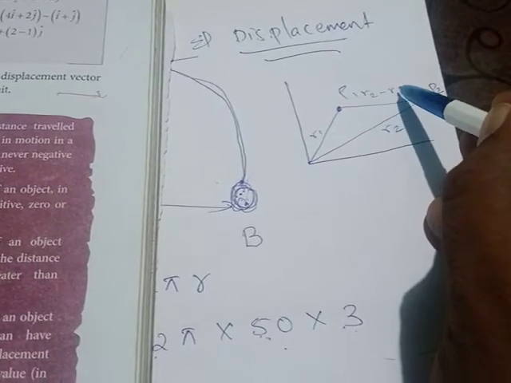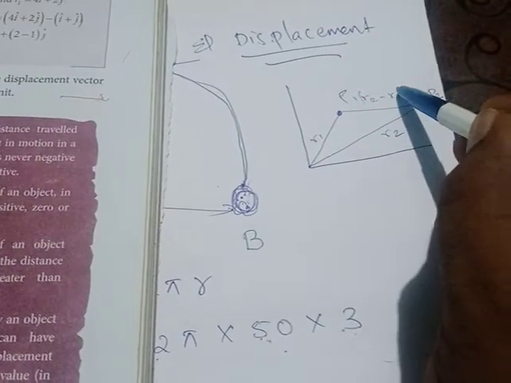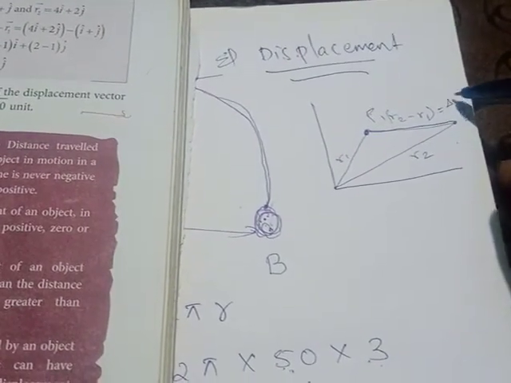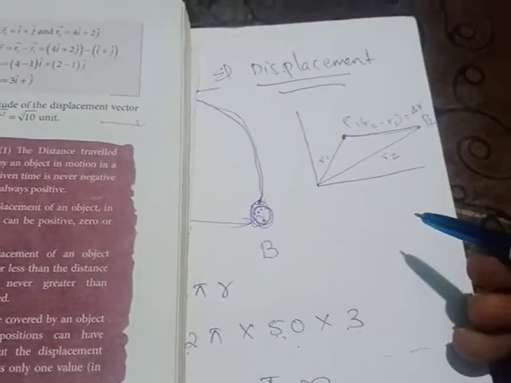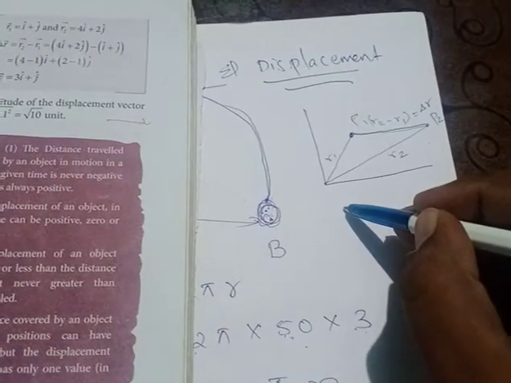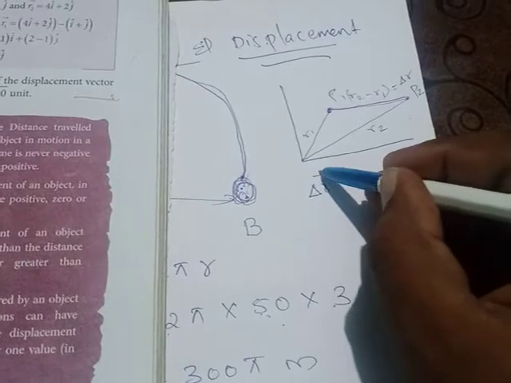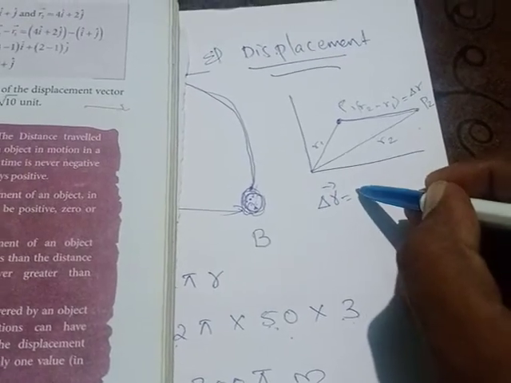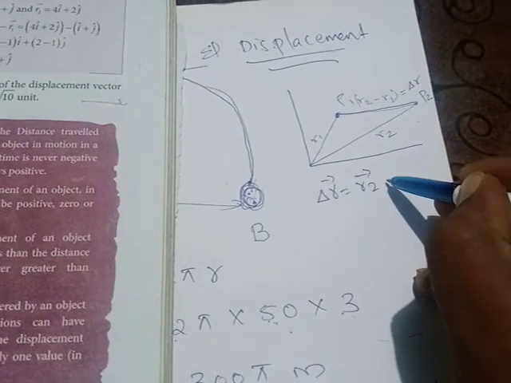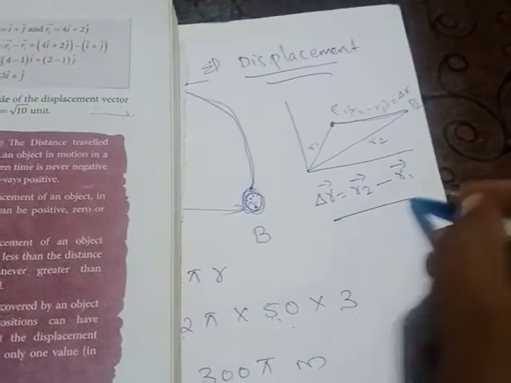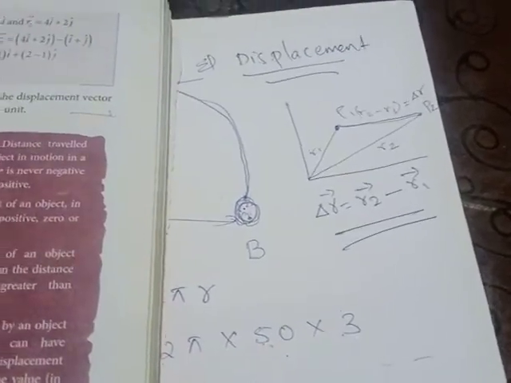R2 minus R1. This difference we can write as delta R. So this is the position vector: delta R vector is equal to R2 vector minus R1 vector. This is the position vector formula.